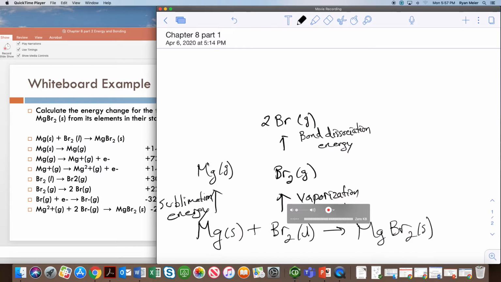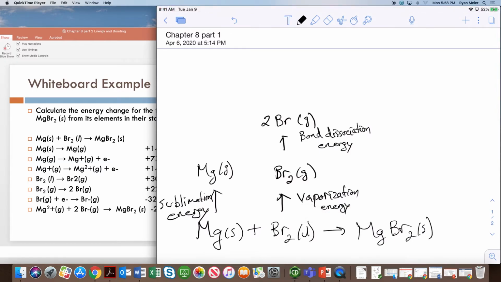Sorry, let me go back up one step. We now have both of our elements in the gas phase as individual atoms. The fact that we have 2 individual atoms is fine; that's going to matter for the stoichiometry we're about to see. Now we can go ahead and ionize things.